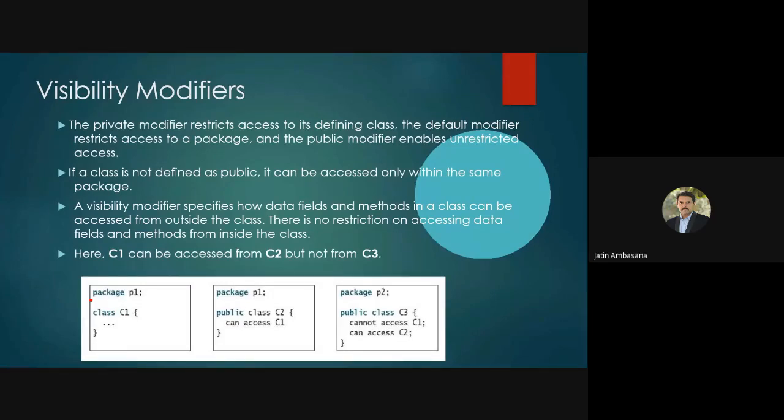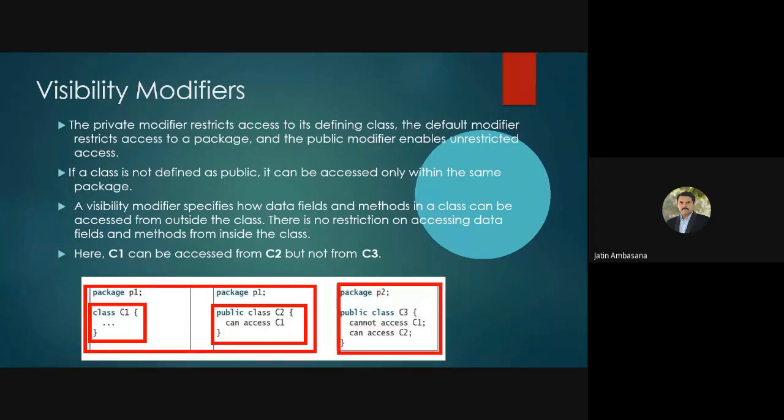If we have made a package and inside it we have two classes, each class can use each other, but if there is a different package, then the class inside it cannot access another class of a different package directly. This direct access is not possible, right?